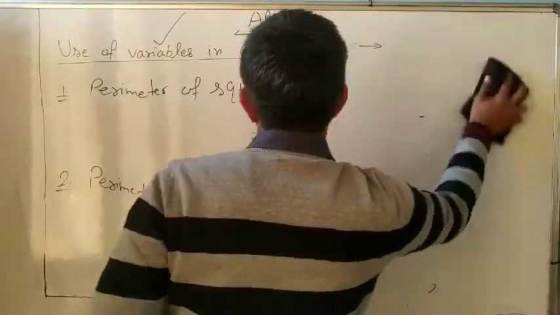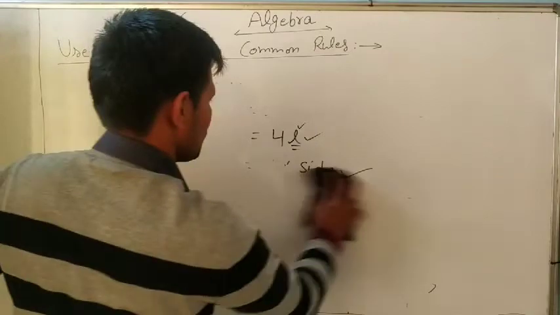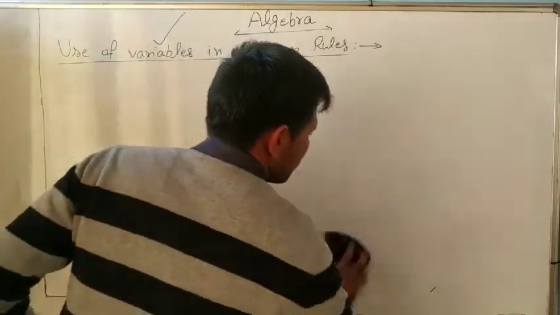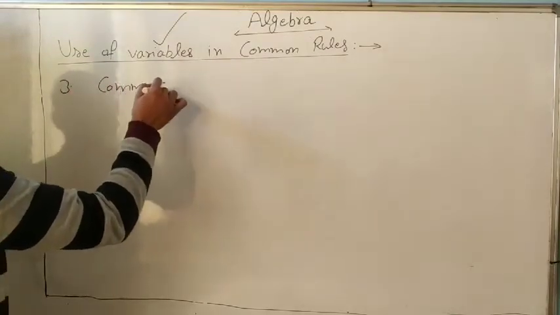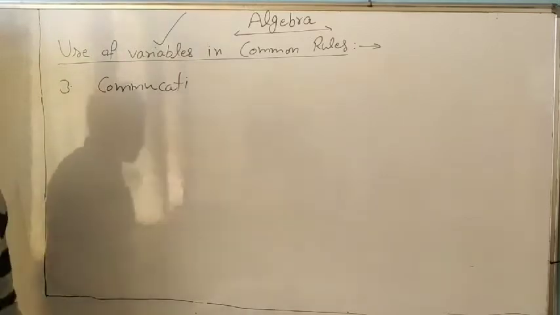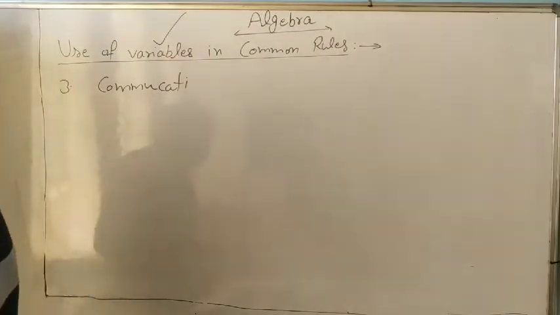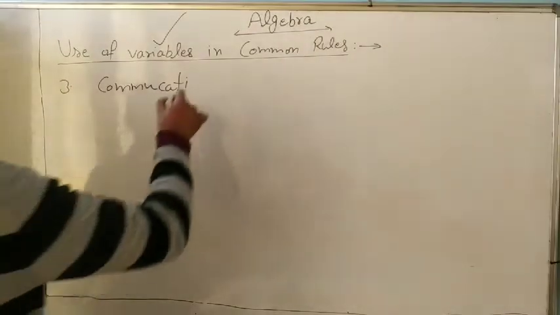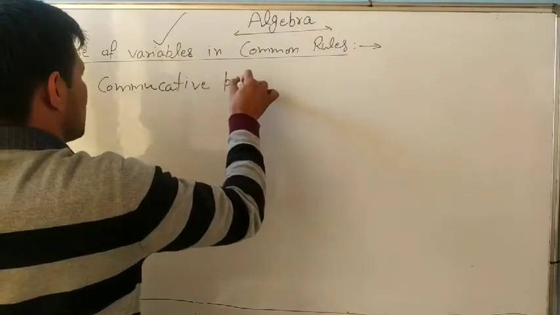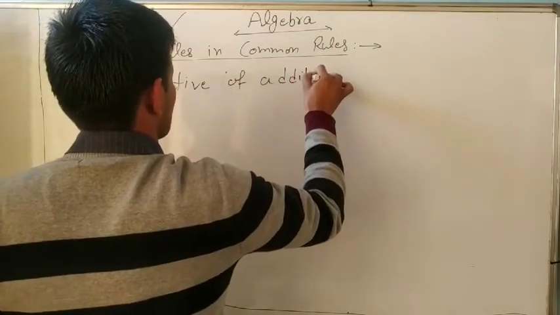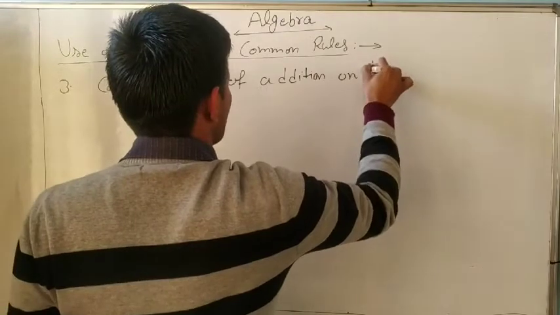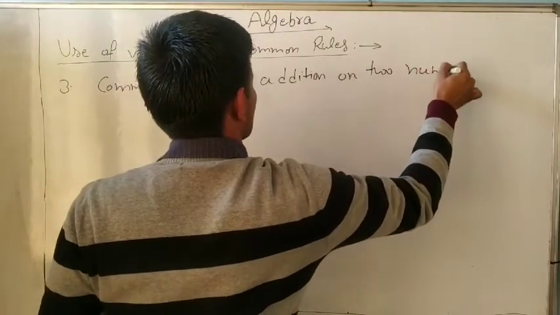Next, one more: commutative property of addition on two numbers.